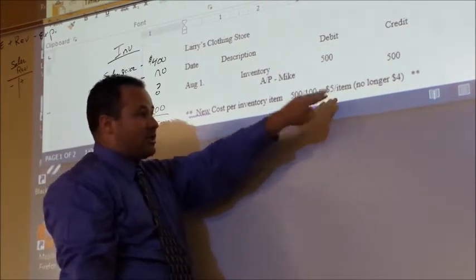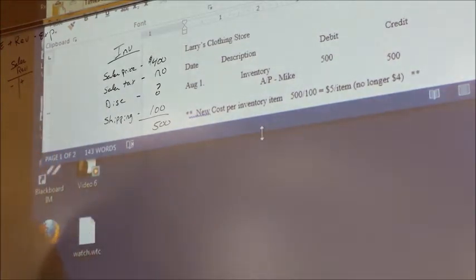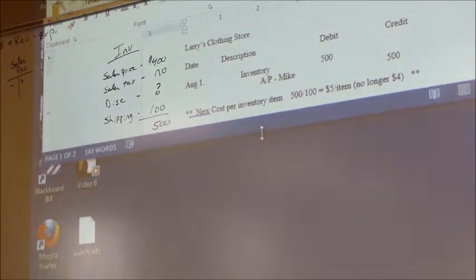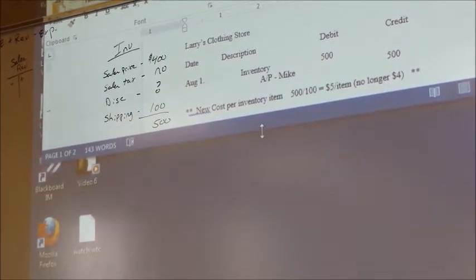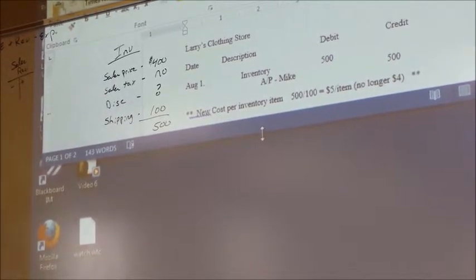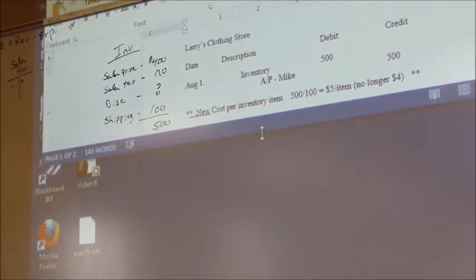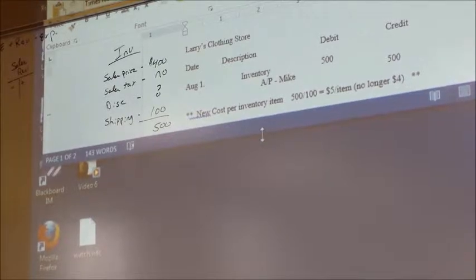That tells me that each item cost me now $5 instead of really $4, because there's $1 per item shipping fee in that, that you don't really see, it just gets included into the price of the inventory. You'll see why that comes into play and is important in a little bit.